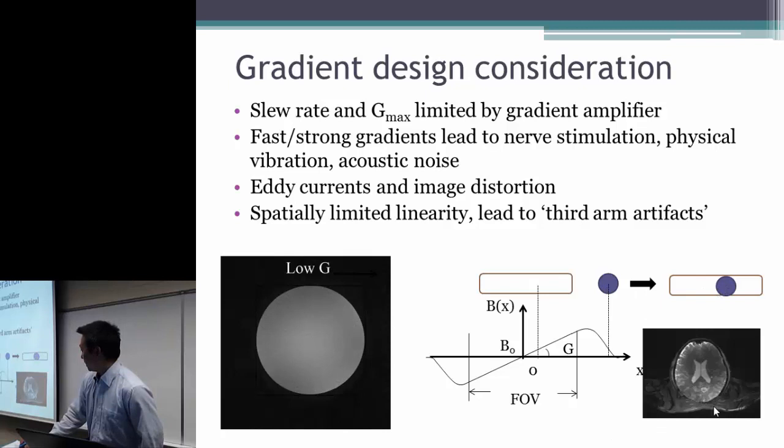So here is one example that I collected a while ago. We are imaging the brain here, and I used a non-selective RF pulse. So a non-selective RF pulse has a very wide bandwidth, right? So it excites everything, including those within our FOV and those outside the FOV.